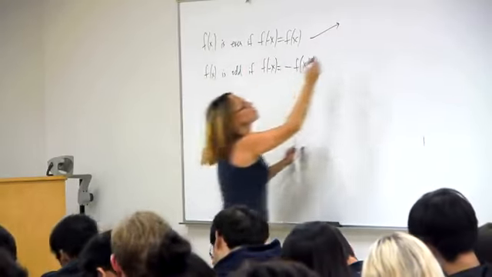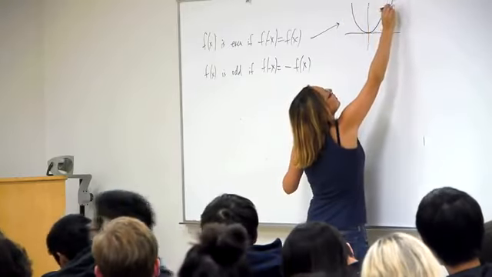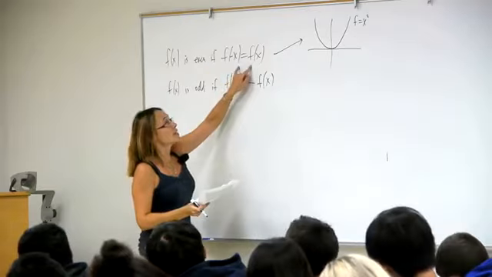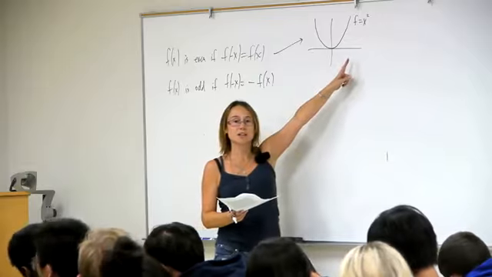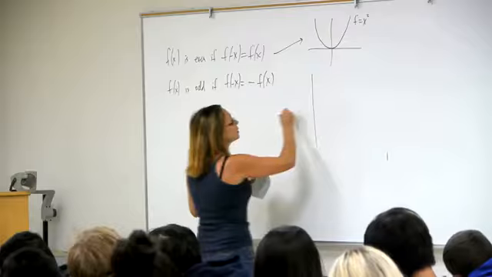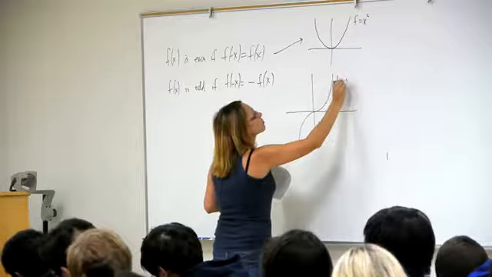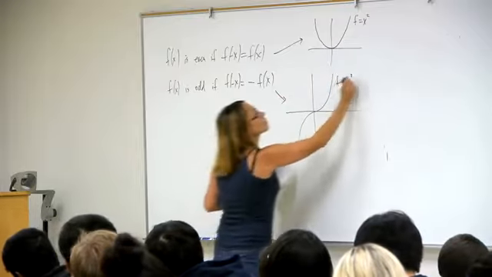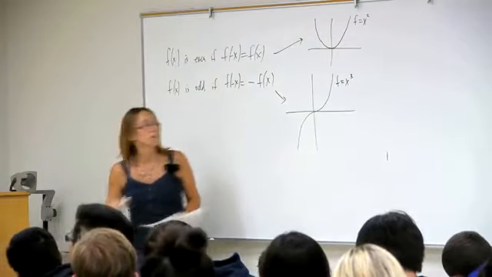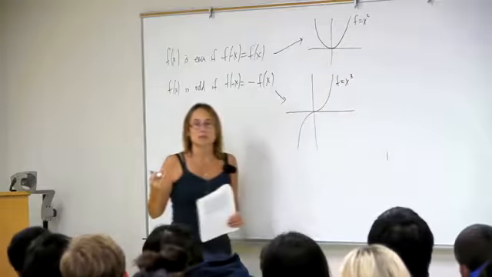An even function, for instance, is a parabola, f equals x squared. When x changes to minus x, the function doesn't care; x squared remains x squared. A common example of an odd function is x cubed. When x becomes minus x, the function acquires a minus sign. For instance, minus 2 cubed is minus 8.